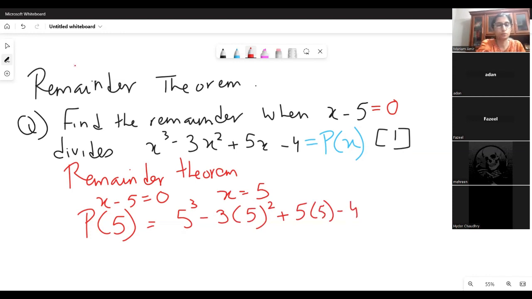You might have done the same question yesterday, I'm not sure. 5 cube minus 3 times 5 square plus 5 into 5 minus 4 gives 71. So we got the same remainder as we did in synthetic division, but by a much less time consuming method.